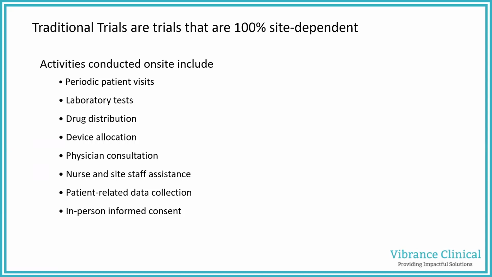Certain things are not under your control all the time. If a patient has to visit and you have to diagnose, the doctor has to see the patient. So some of it does happen on site, but there are a lot of other elements which can be converted into electronic mode. So as we are moving, the pandemic has definitely helped us in this process.